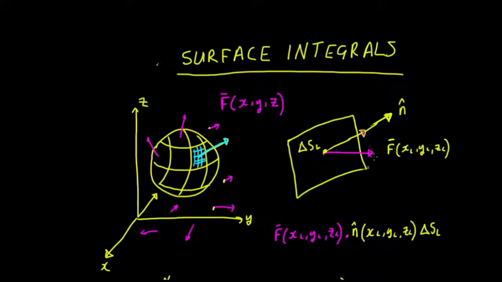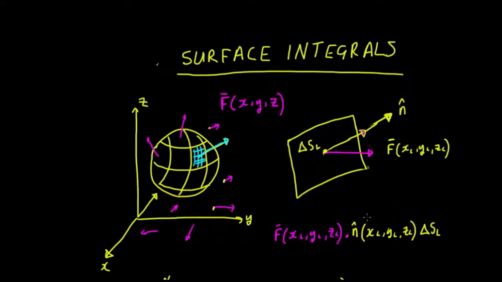Now we know from what we've done previously when we looked at Gauss's law, we're going to take the vector function and find the normal component of the vector function. So it's going to be f dot n. f is a vector function dependent on x, y and z, and n is the normal, and again it's dependent on the position x, y and z.